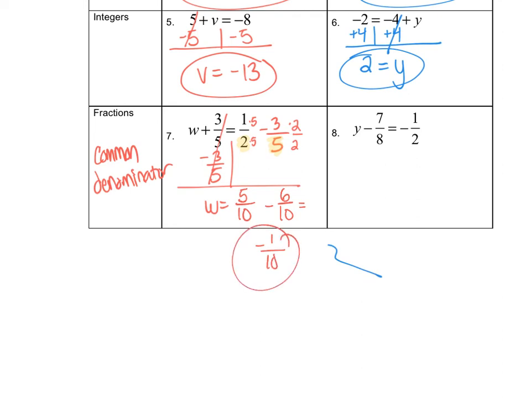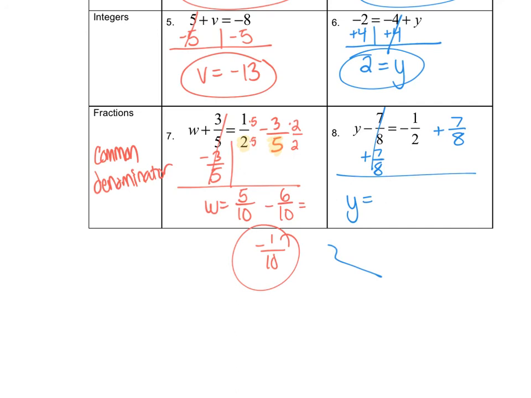Okay, let's see that again in the adding column. So you have y minus 7/8 is equal to negative 1/2. Here y is being subtracted, so instead I'm going to add 7/8 to both sides, and I'm going to put it over to the right here so that I can see it better. Okay, so then I have y equals.